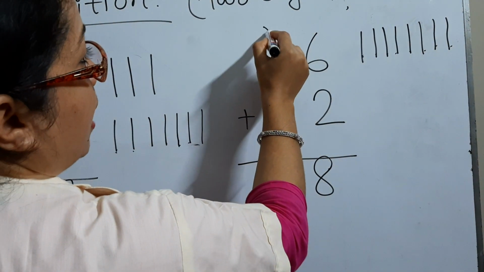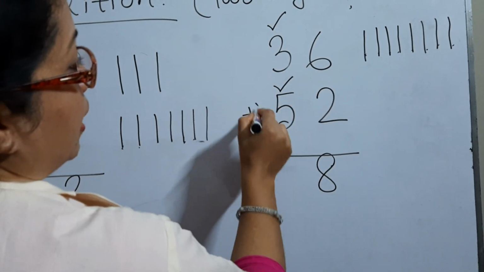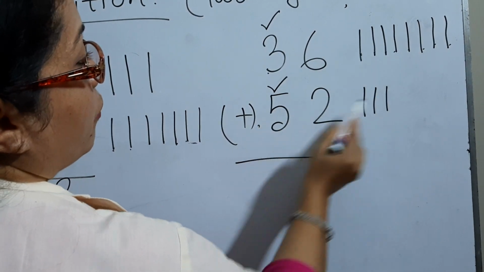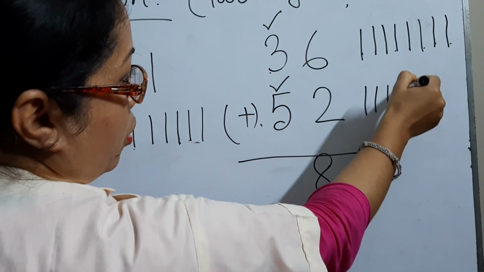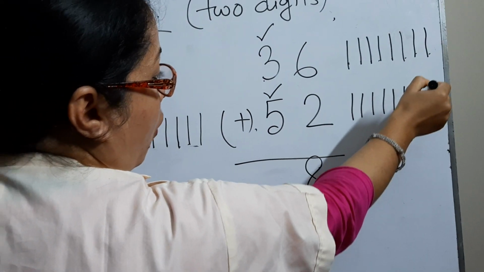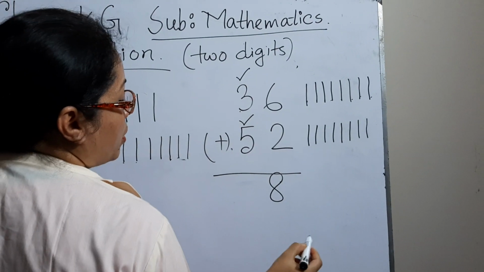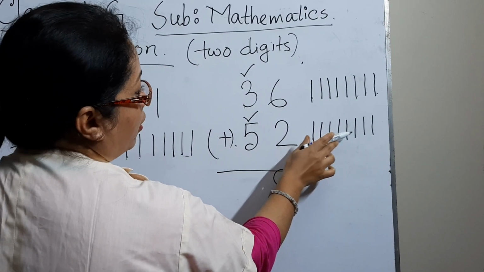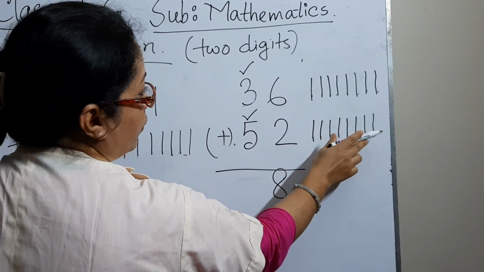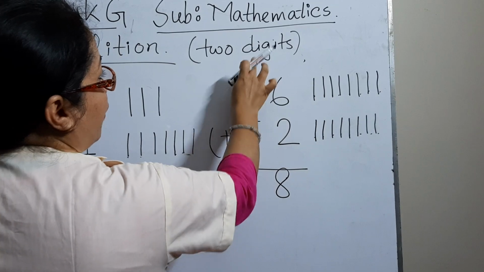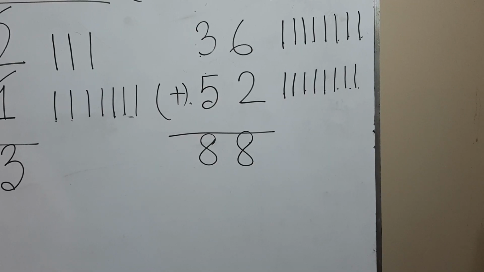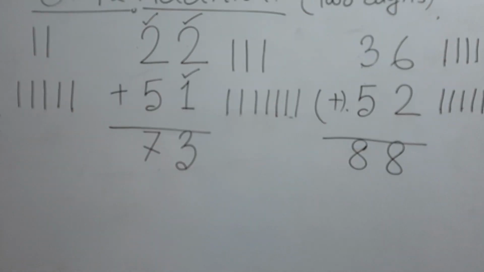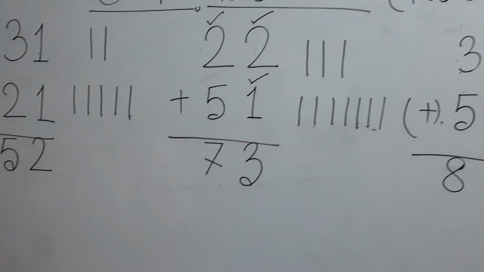Then tens place to tens place: put 3 lines and then 5 lines. Now count from the beginning: 1, 2, 3, 4, 5, 6, 7, 8. Hope all of you are very clear how to do simple additions of 2 digits.